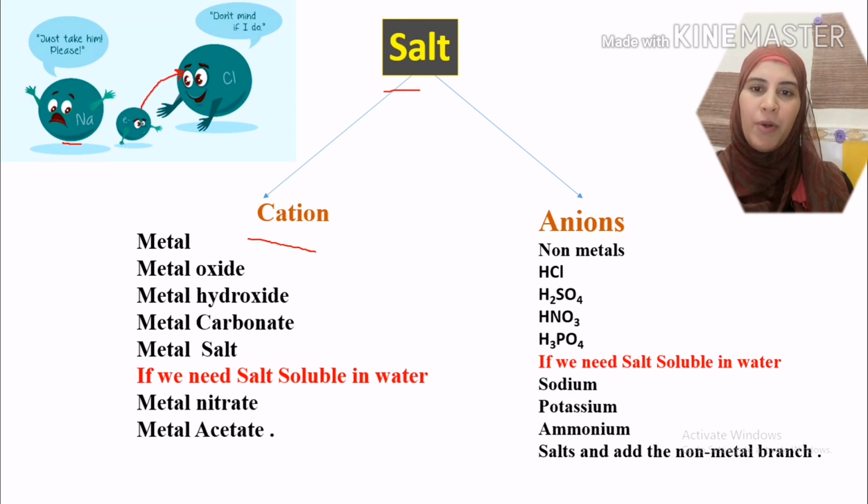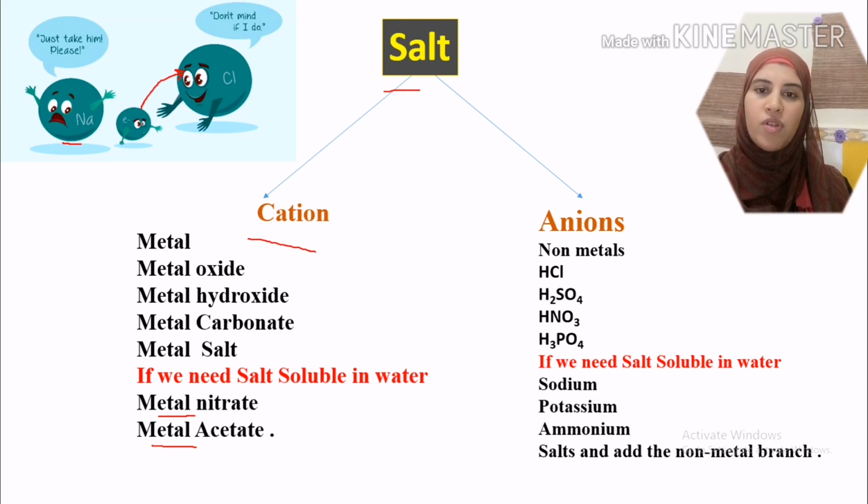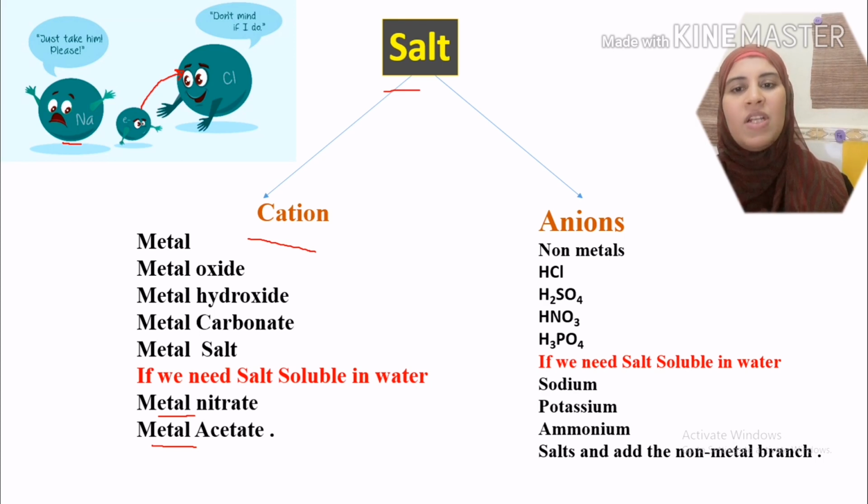If we want to prepare a soluble salt in water, we can use metal nitrate or metal acetate, because all nitrate compounds and all acetate compounds are soluble in water, like silver nitrate, copper nitrate, potassium nitrate. And the same in the case of acetate.